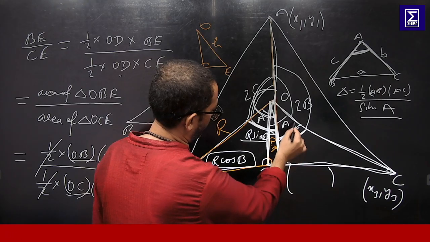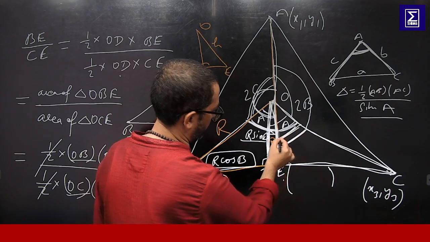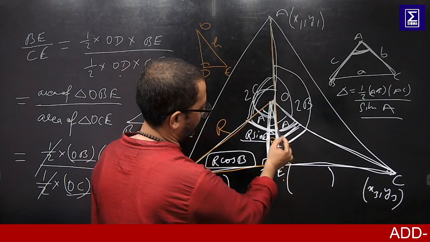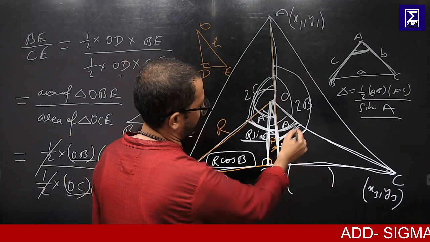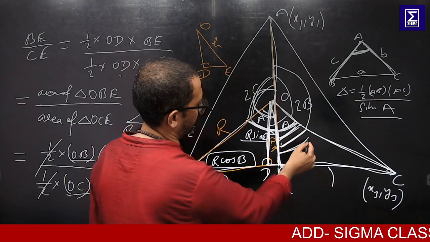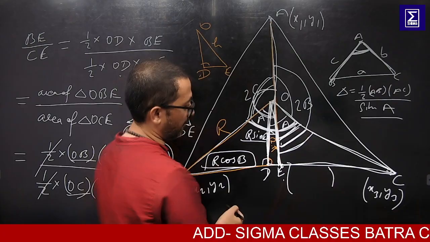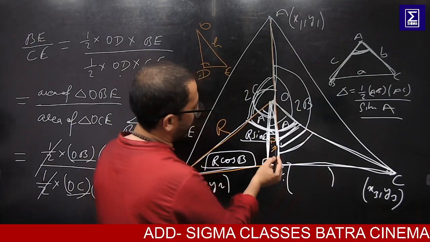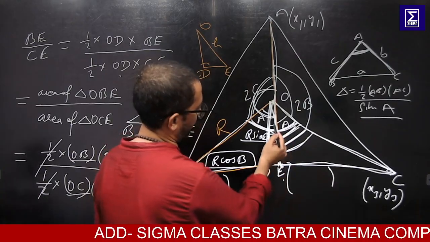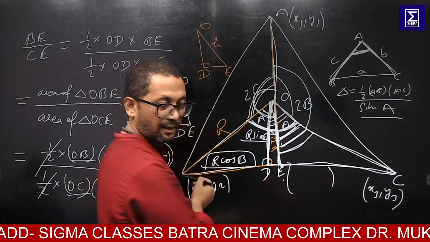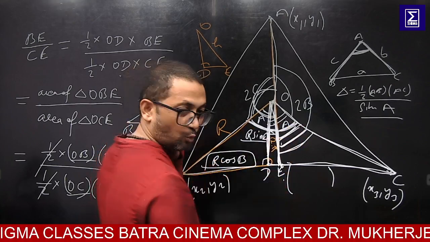Okay. Now, if you talk about from here to here, this one. So this angle is, what is the measure of this angle? This is BOE. BOE is nothing but pi minus 2B that we got already. And this angle if you want to take in this, so from here to here, this is A. So A minus pi minus 2B.